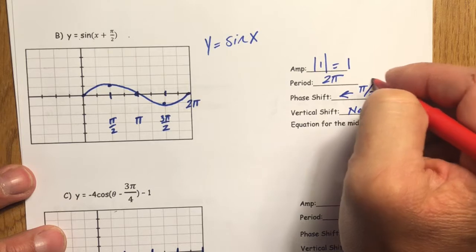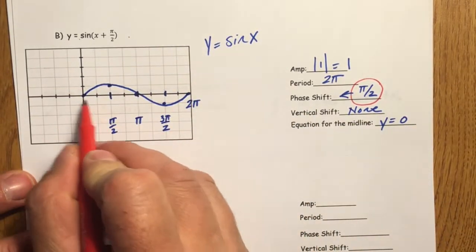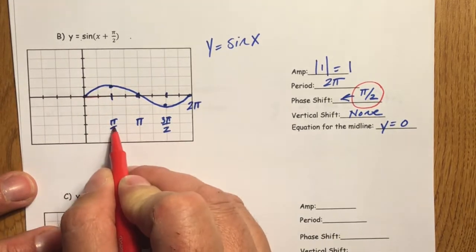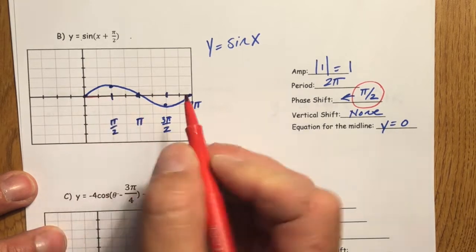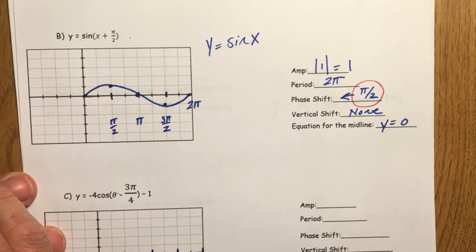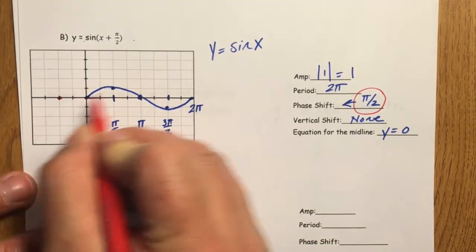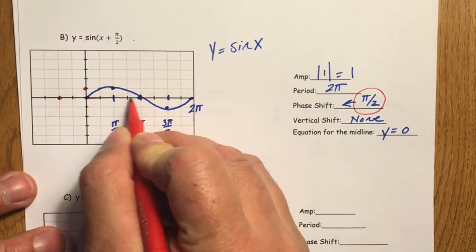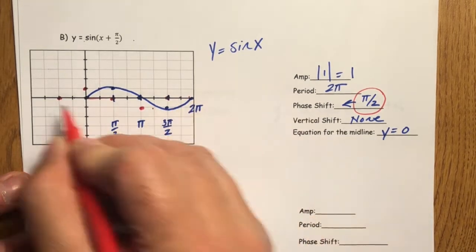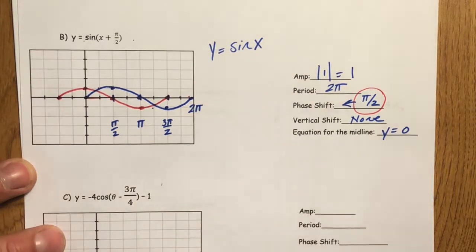Now this has a phase shift of pi over 2. If you notice, pi over 2 units is from here to here, from 0 to pi over 2. So in essence, what you're doing is moving over 2 spots for each point. Okay, so watch. Start with this one. 1, 2, 1, 2, 1, 2, 1, 2, 1, 2.